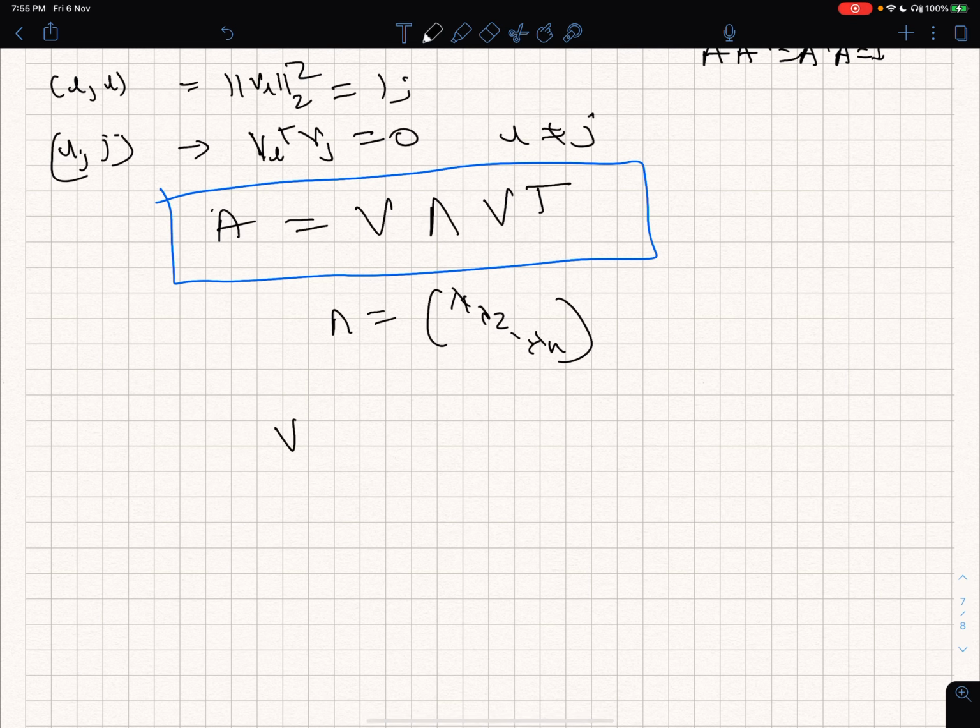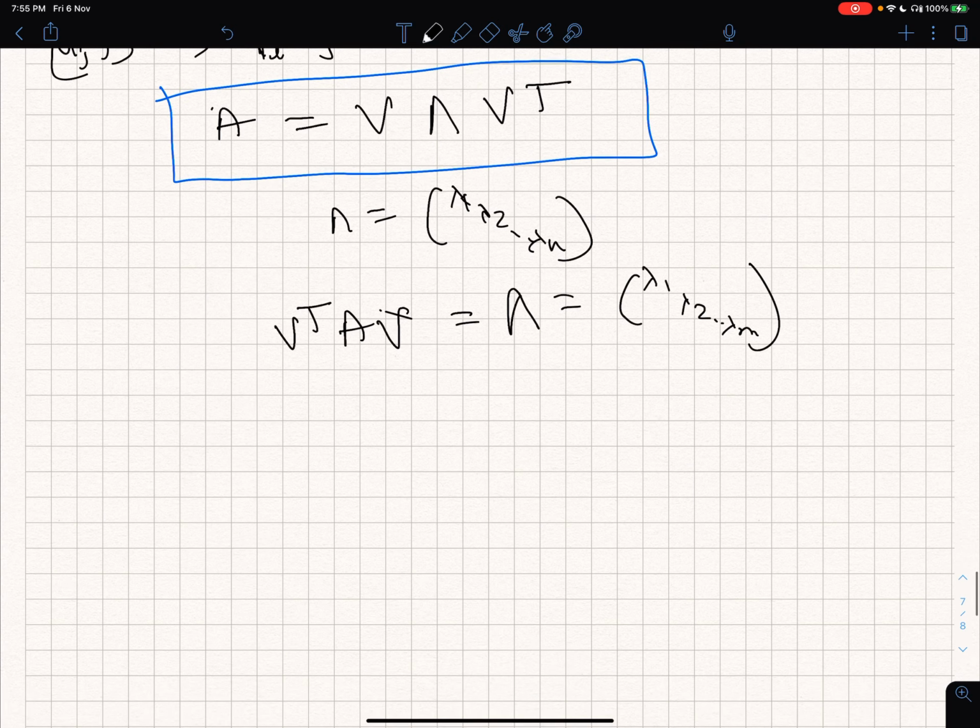Now you can also see that A transpose V is the diagonal matrix lambda 1, lambda 2 to lambda n.